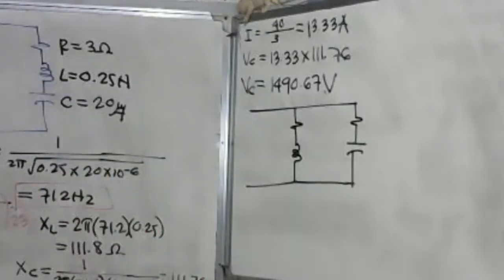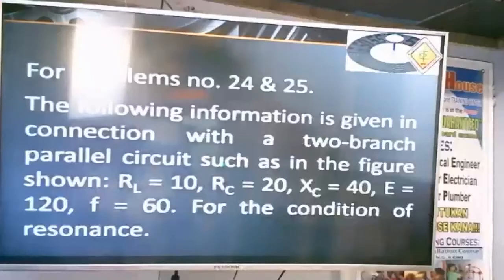Okay, so let us write down the given. Our RL is equal to 10. Our RC is 20. Our X sub C is 40 ohms.